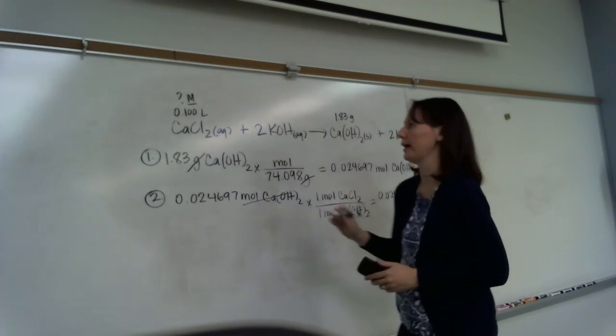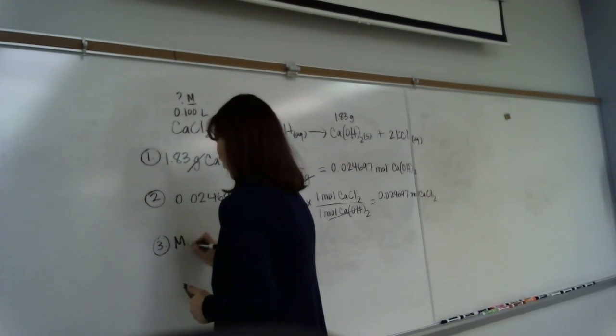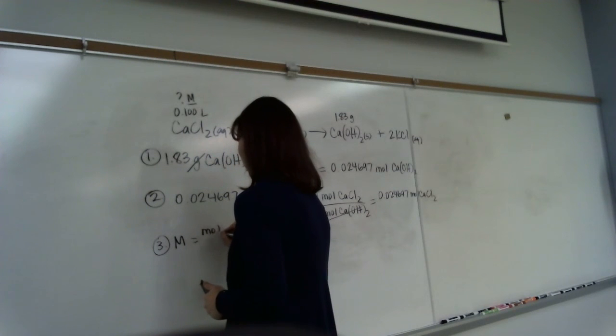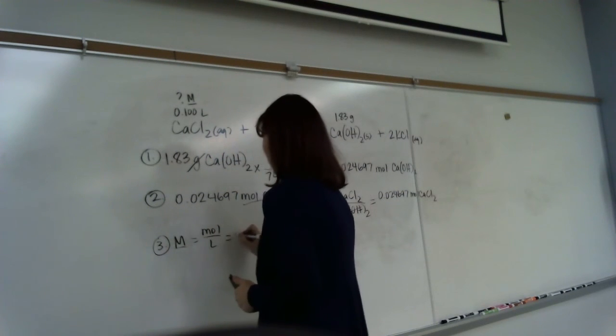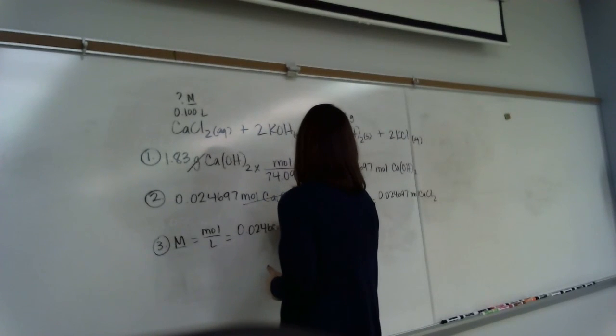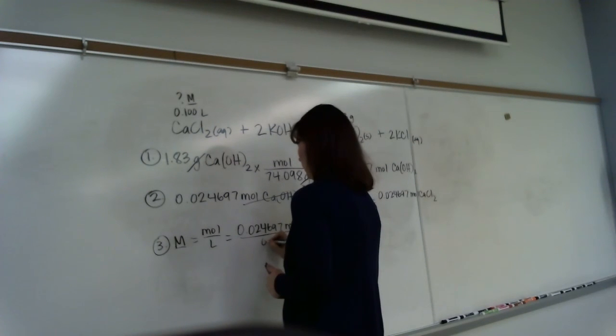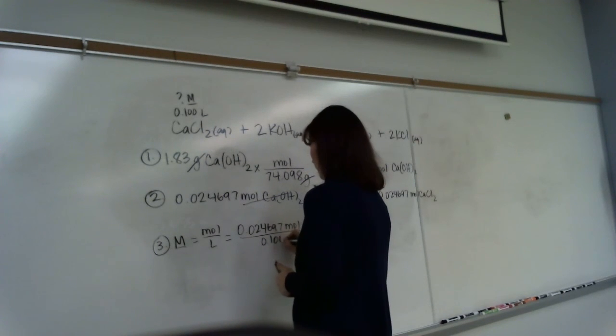And now, how do I get molarity? Divide moles by liters. Right, molarity is equal to moles per liter. So 0.024697 moles divided by 0.100 liters.